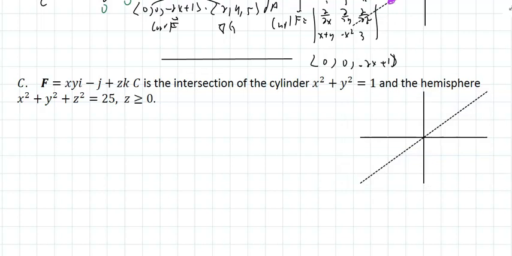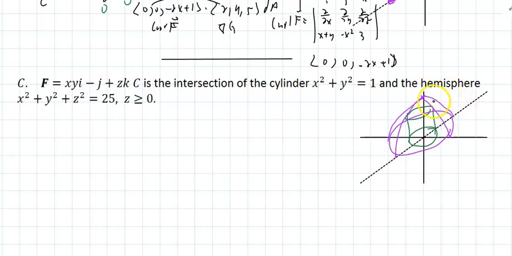And how does that work? Well, I need the intersection of the cylinder, x squared plus y squared equals 1. That's one of those. And, oh, it's positive. Okay, so that's good. And one of those. So what is it?